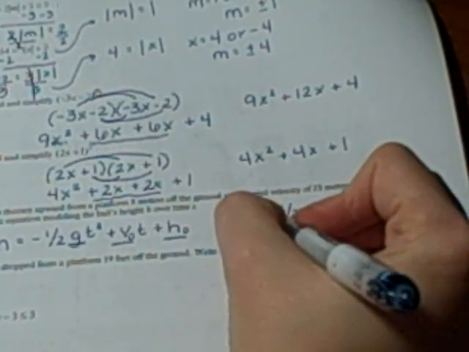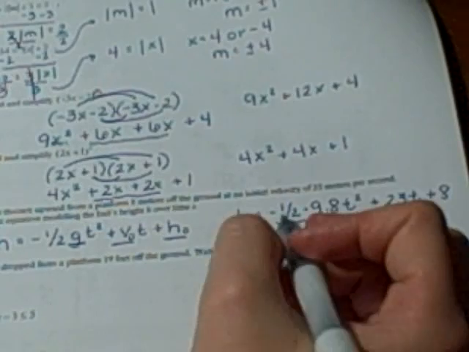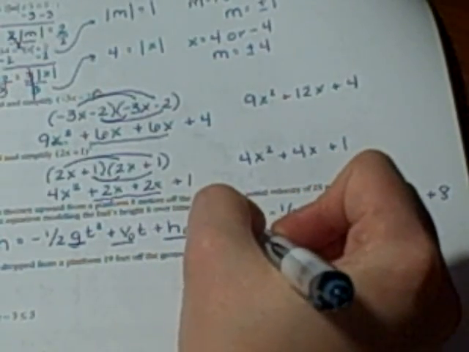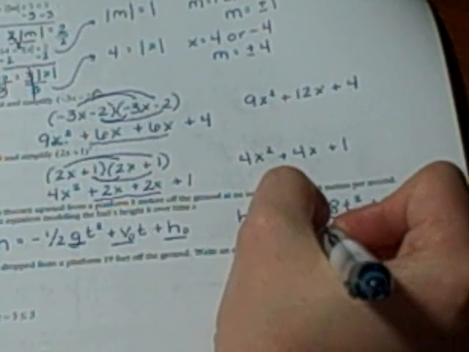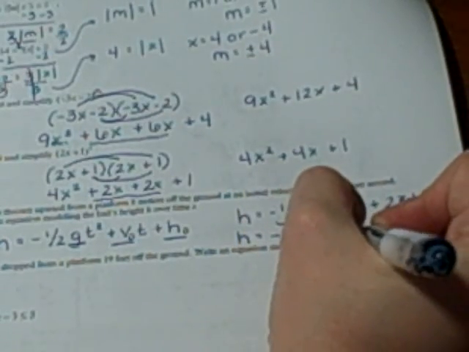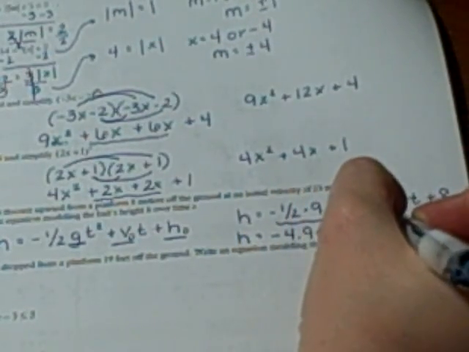For the most part, we're done here. The only other thing we should do is combine the negative 1/2 and the 9.8. And that will make our final equation negative 4.9 t squared plus 23t plus 8.